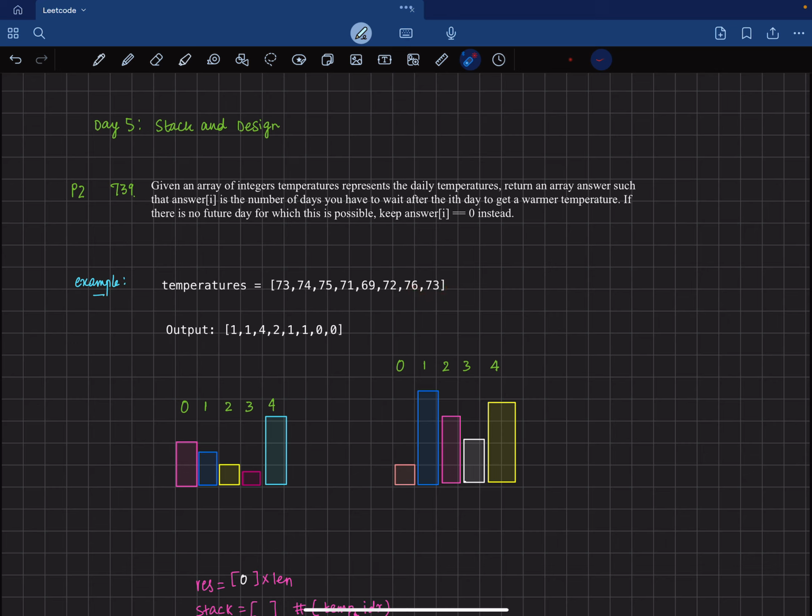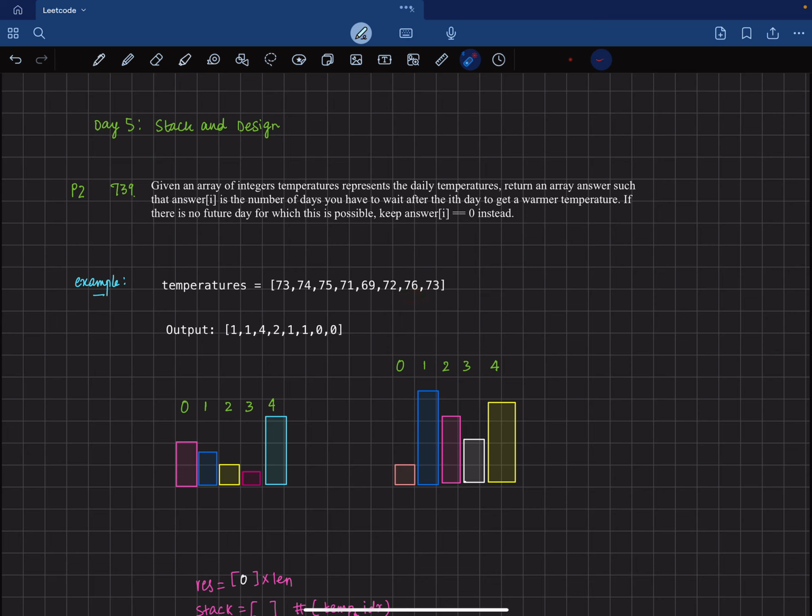The next point is a value outside of the array, which is invalid. So 76 has no temperature warmer than it. For this specific day, there is no such temperature ahead in the future that is warmer than 76, at least for the example given to us. So in that case, the value at this position will be 0.